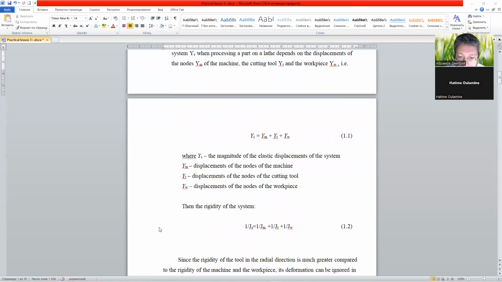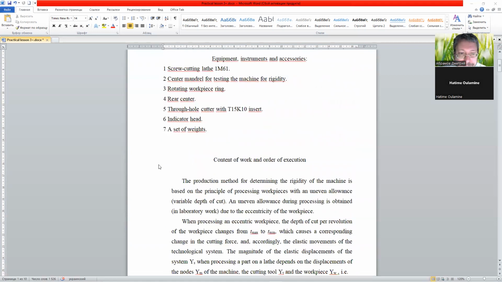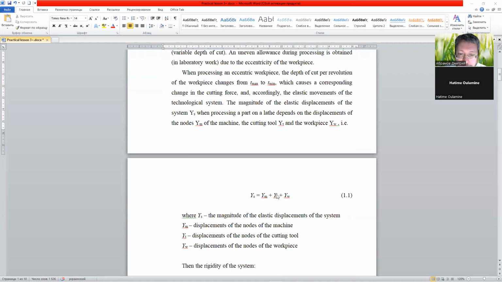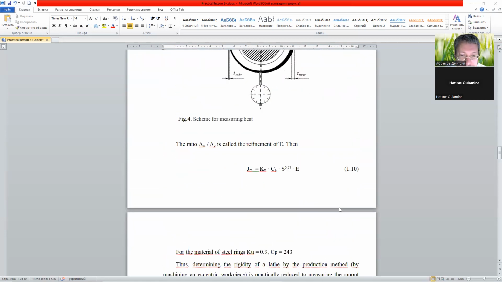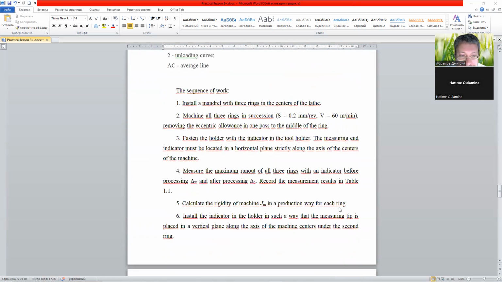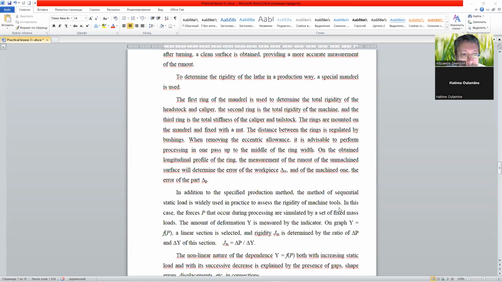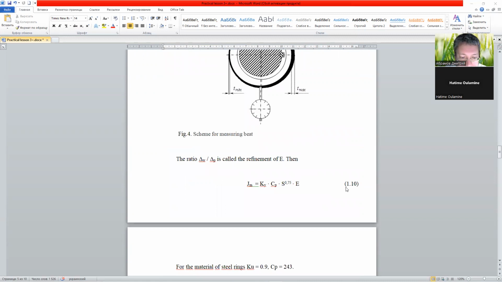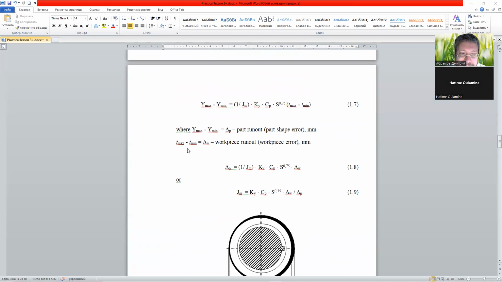So, what you need to do in this laboratory work or practical lesson? You should write down in your notes the formulas from 1.1 to 1.10, with all the components of these formulas.